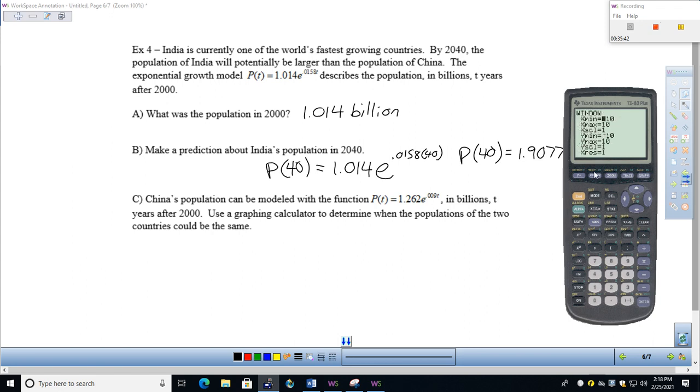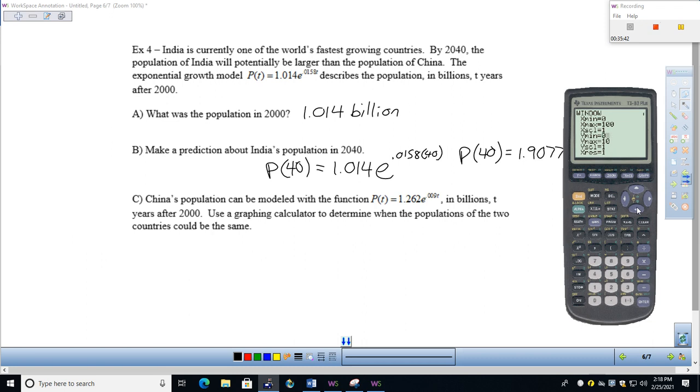Everybody hit window for me if you would. I just kind of looked at this. So we're going to go 100 years out into the future. So starting in the year 2000, going out 100 years. And because this is in billions, I'm going to start it at 0.